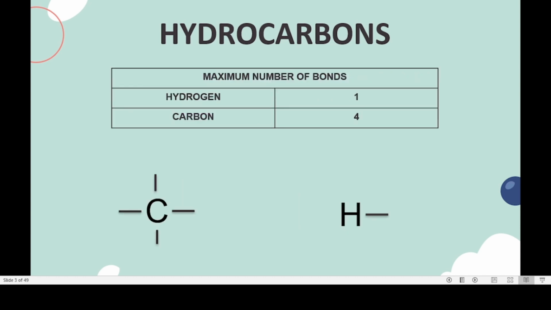Now, each element, specifically in hydrocarbons, has its maximum number of bonds. For hydrogen, it has one maximum bond, and for the carbon, it has four. So, it cannot exceed its maximum bond. Maximum means it is the highest level, right?